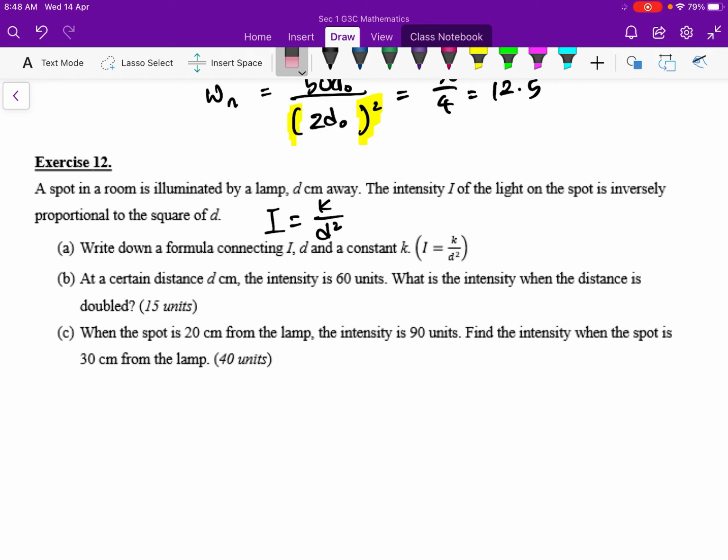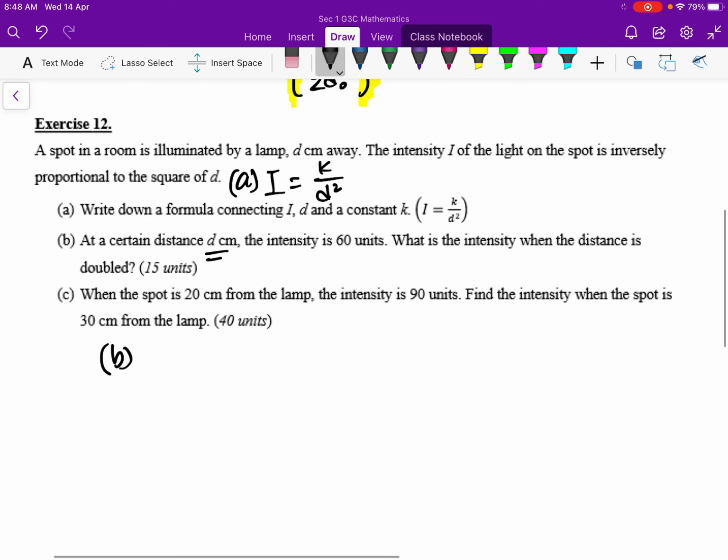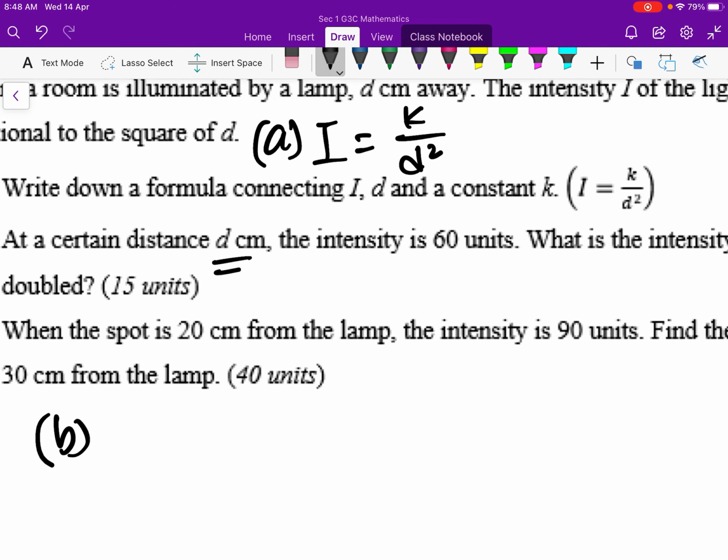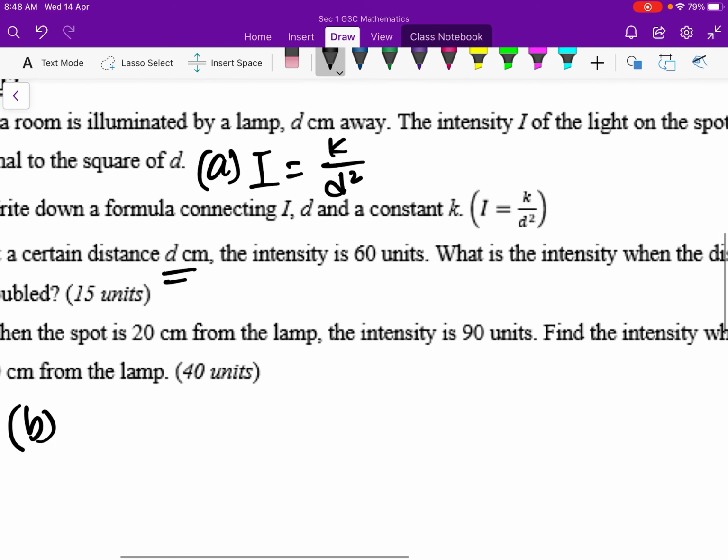Okay, so part A is done already. Now part B, at a certain distance d. Now they're telling us that, very unfortunately, this is actually not an O-level question. At a certain distance d, this part now becomes confusing. I would change the question to become d1.